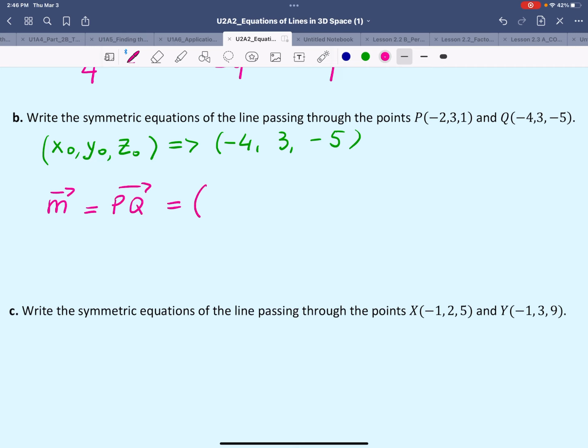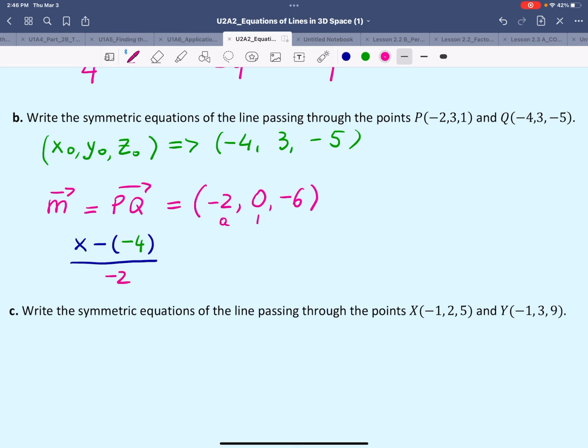So here I go again, -4 minus -2, that would be -2. And here we have 3 minus 3, that would be 0. And last we'll have -5 minus 1, so that's -6. So let's create the equations. We have x minus -4, divided by a, which is -2.